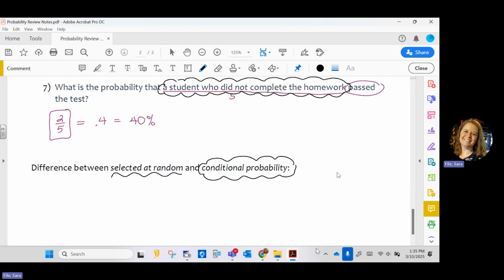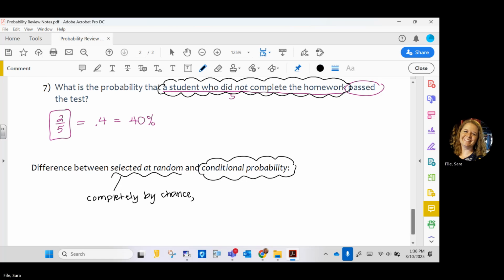I'm going to make a note down here. Selected at random means it is completely by chance who you select. There's no condition.